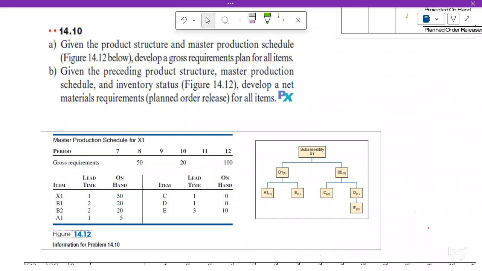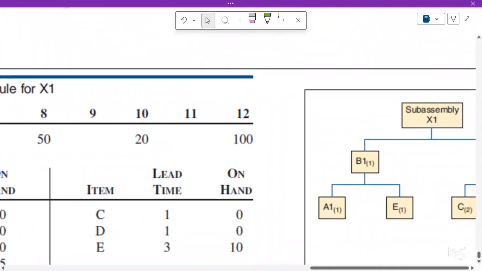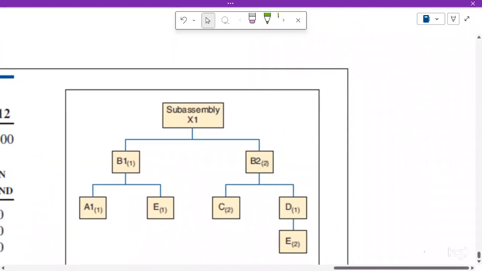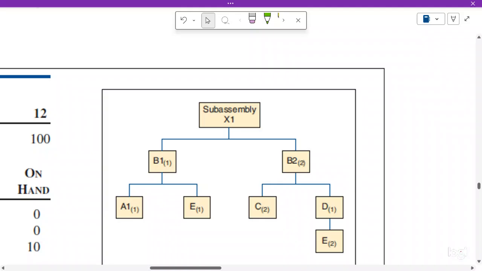For all items. So here we are given something, as you can see there. So it requires a smaller exercise. Okay, let's analyze the product structure. I can give you the product structure deliberately, and it's not made sure.